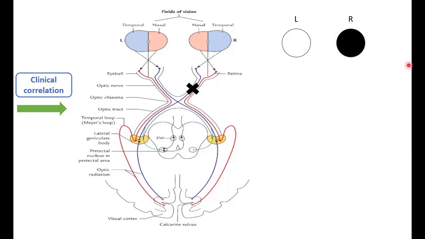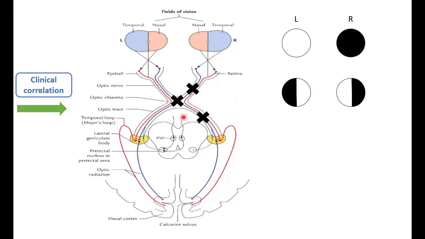And any damage, because the optic chiasm is near the pituitary gland, if any adenoma of the pituitary gland presses the optic chiasm, because we will have the nasal side of the retinal fibers, we cannot see the temporal sides of the fields of vision, and our fields of vision will be narrowing, and just like this we will have tunnel-like fields of vision.